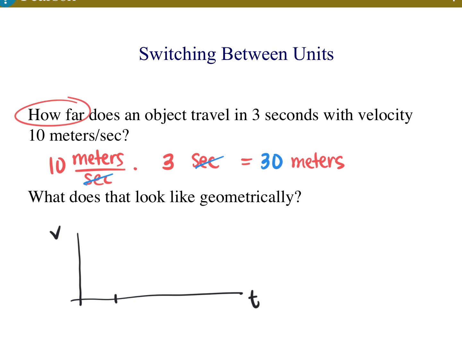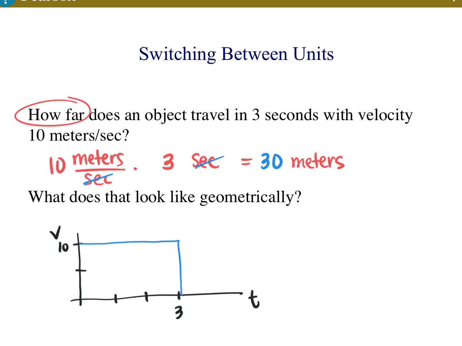We have 3 seconds marked out on our time axis and a constant value of 10 marked out on our velocity axis. Because 10 is constant and not changing, the shape of that becomes a horizontal line. And so overall, I'm left with the shape of a rectangle.